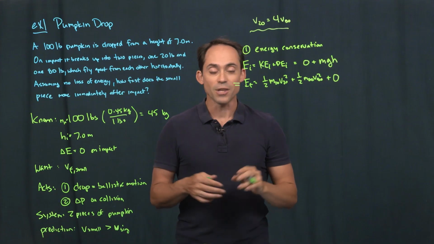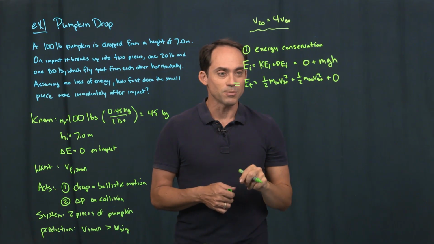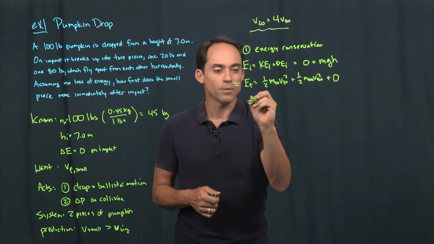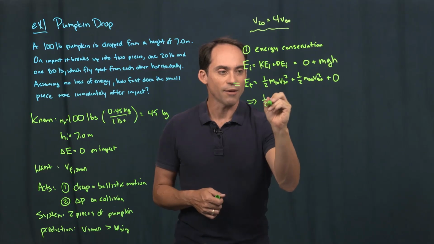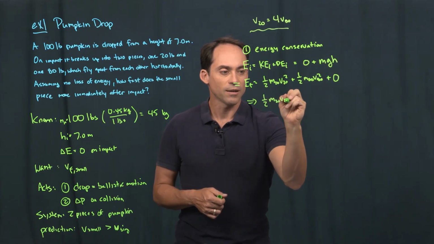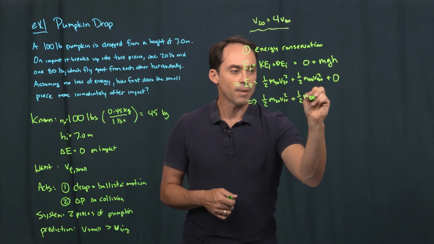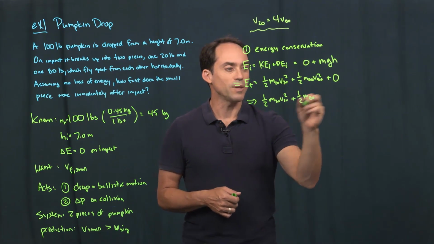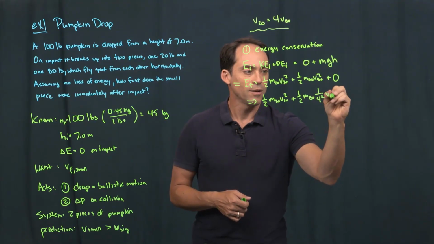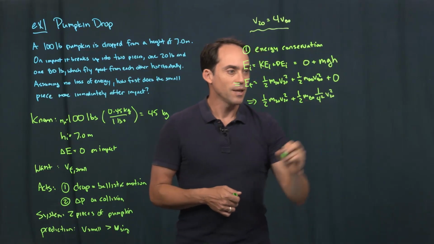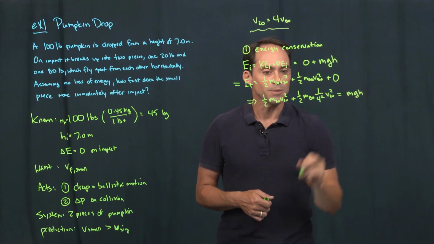So let's write everything out in terms of the speed of the 20-pound piece of pumpkin. So we're going to have 1/2 times m20 times v20 squared plus 1/2 times m80 times v80 squared, but that's just 1/4 squared times v20 squared, and that's equal to our total mass mg times h.